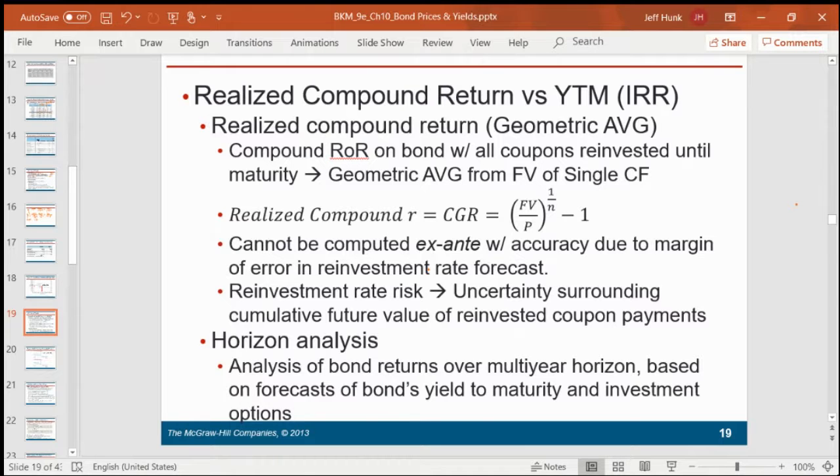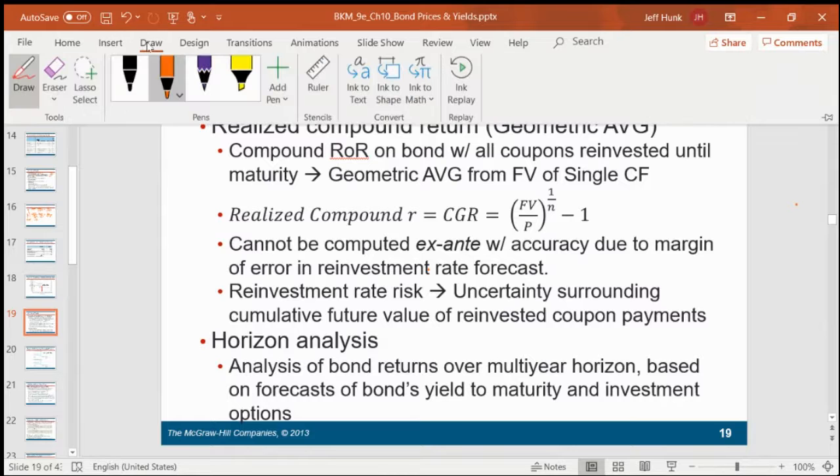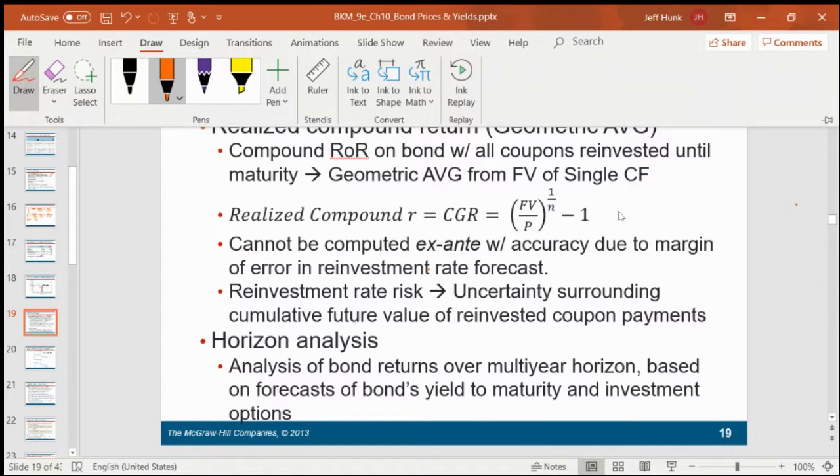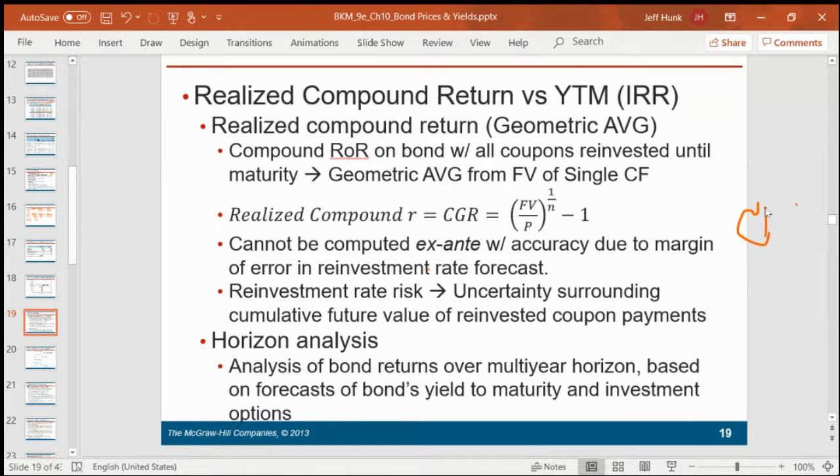Basically, the geometric average is also called the compounded growth rate, and sometimes they call it CAGR, compounded annual growth rate.